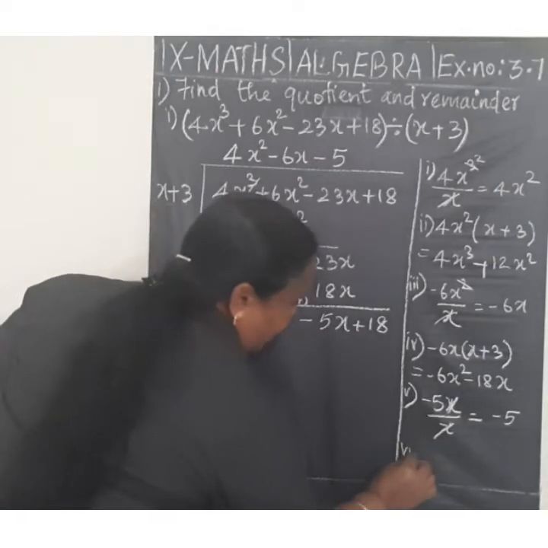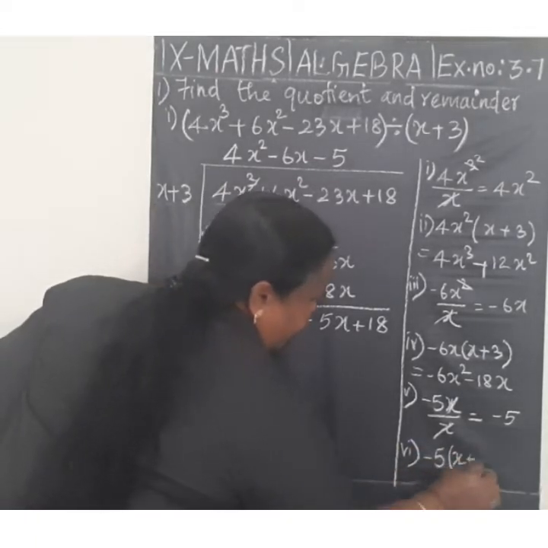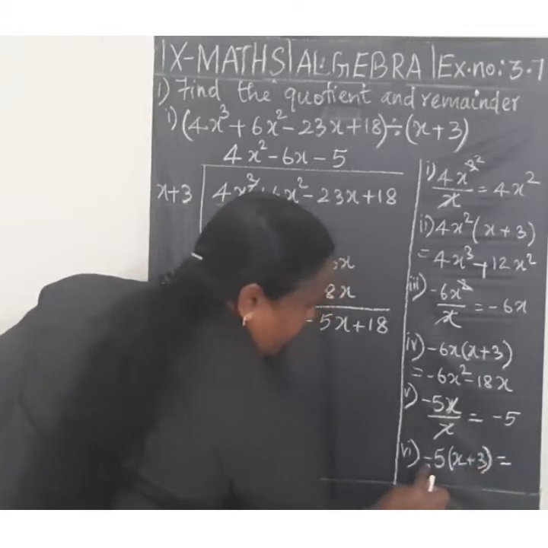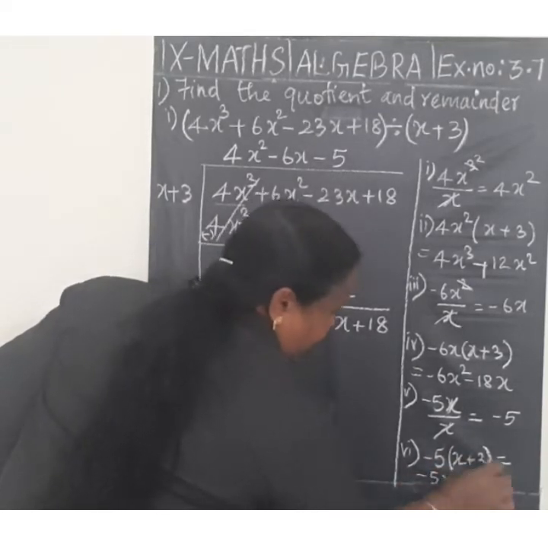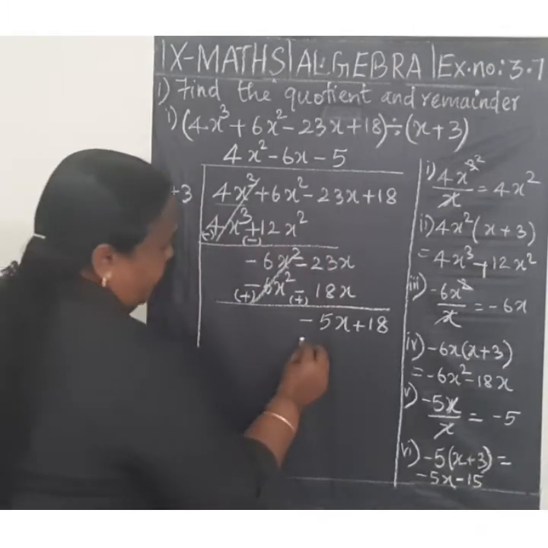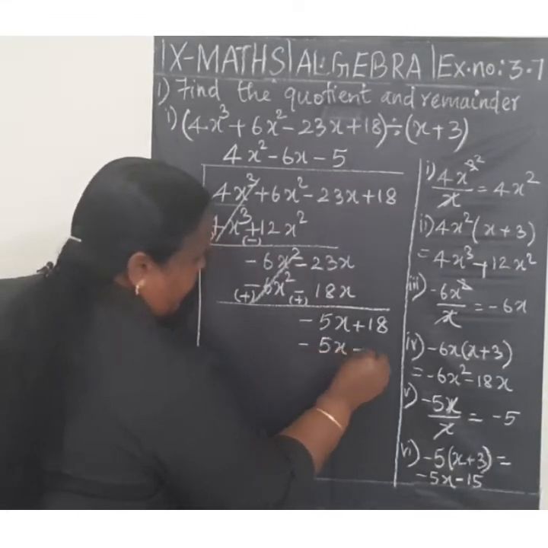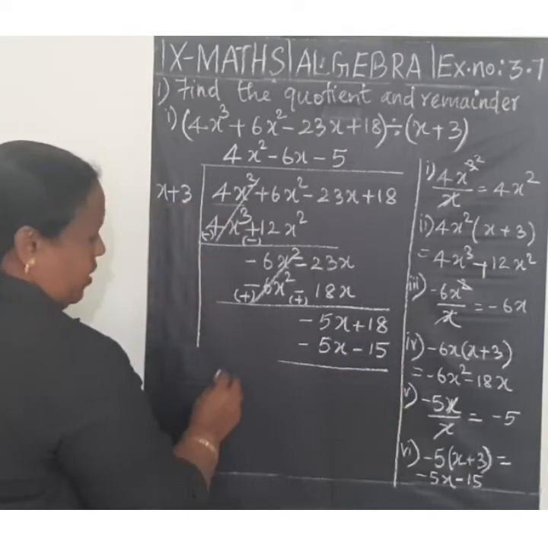Then again we multiply by the divisor. Minus 5 into x is minus 5x, and minus 5 into 3 is minus 15. So we get minus 5x minus 15.